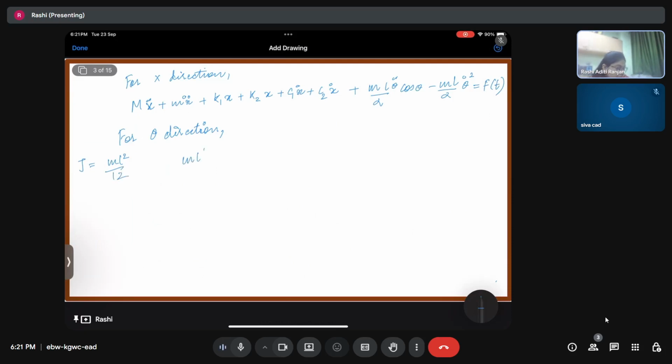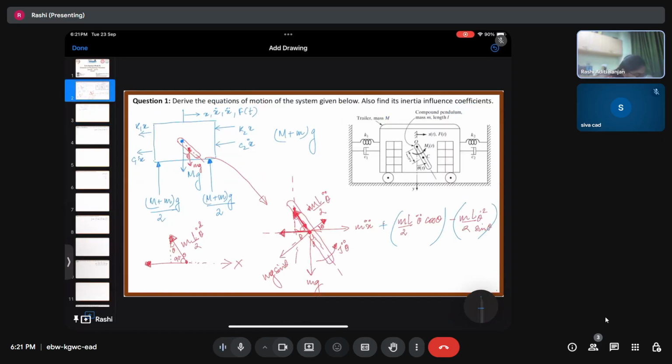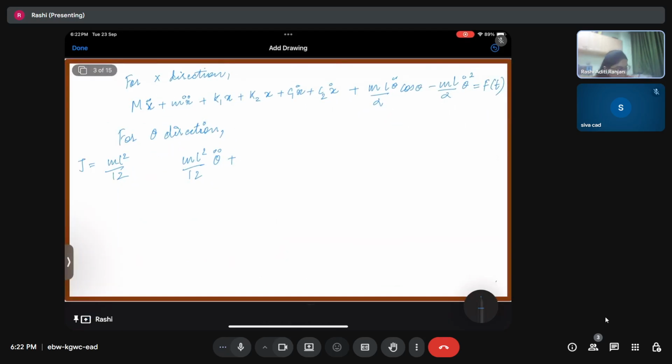So we have ml square by 12 into theta double dot plus, look over here, we have this ml into theta double dot by 2, which is a force that contributes in the theta direction as a moment. It is going to be ml by 2 theta double dot into L by 2.